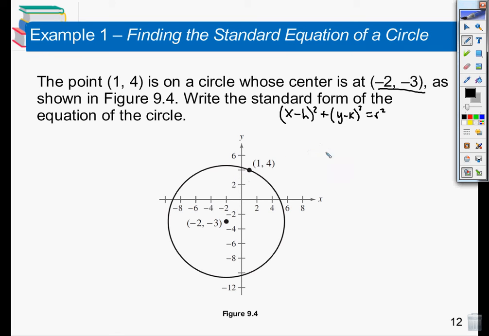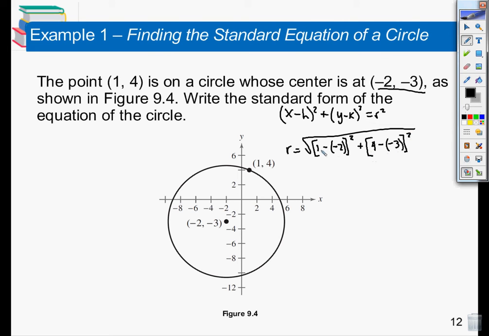My radius is going to be equal to the square root of (1 minus negative 2) squared plus (4 minus negative 3) squared.